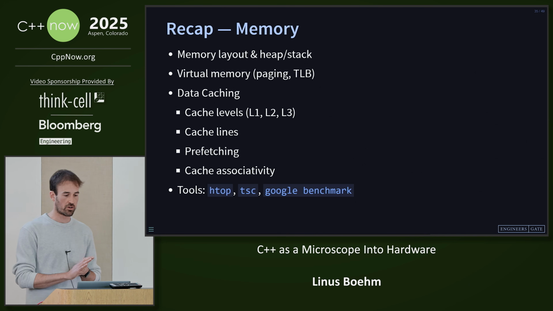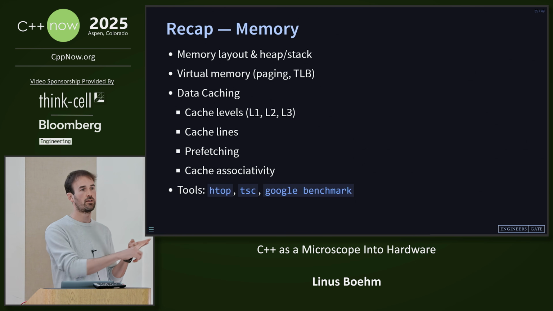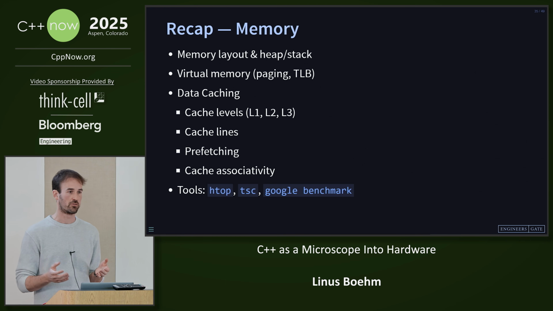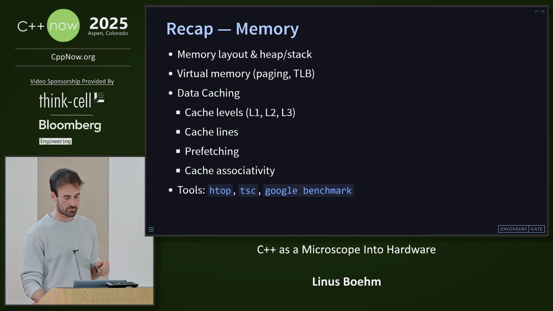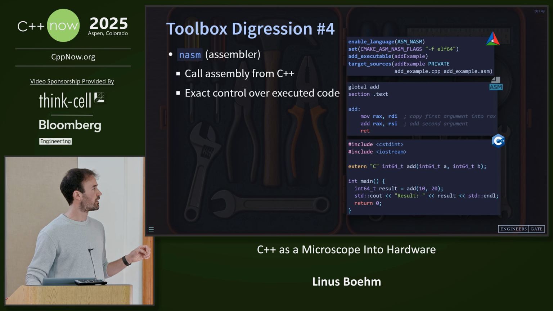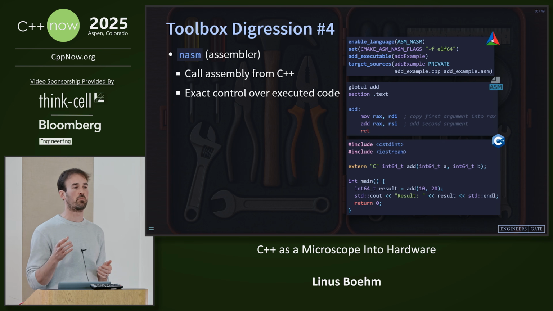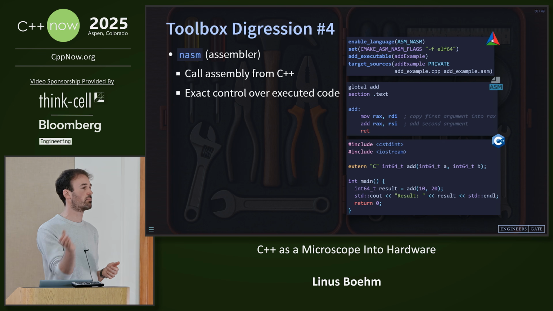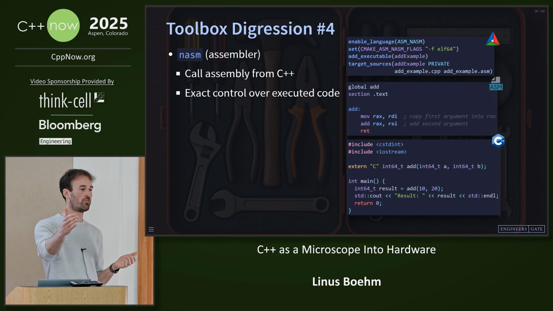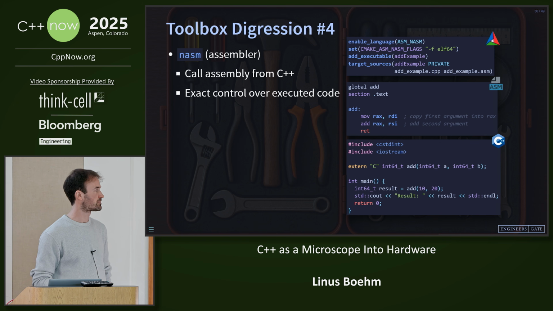The last part of the talk will focus on the part of the CPU that actually executes our code. We've talked about the binary itself, we've talked about the memory. So we'll talk about that last. And in order to do that, we'll add another tool to our toolbox, namely NASM, which is an assembler. NASM allows us to go from assembly to binary. We previously used objdump to go from the binary to assembly, and we can use NASM to go in the other direction.